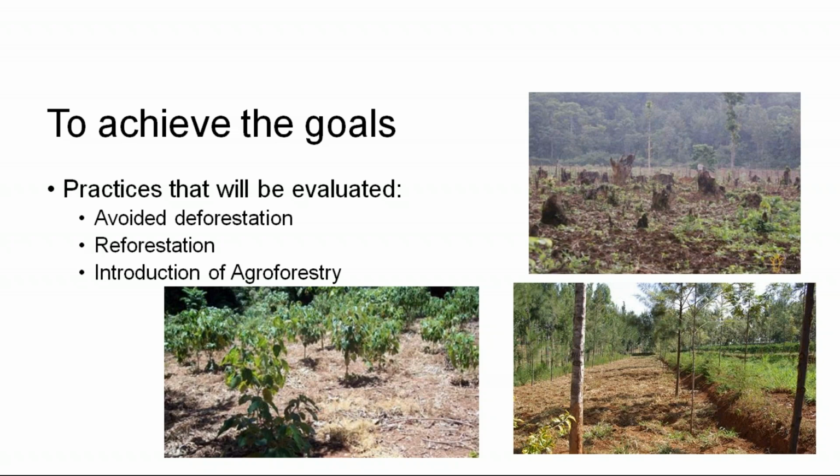So you can see it's a more complicated situation than we considered in our previous example. There's actually three things going on here in this one project. And this is more typical, I think, of many of the land management projects that all of you work with.